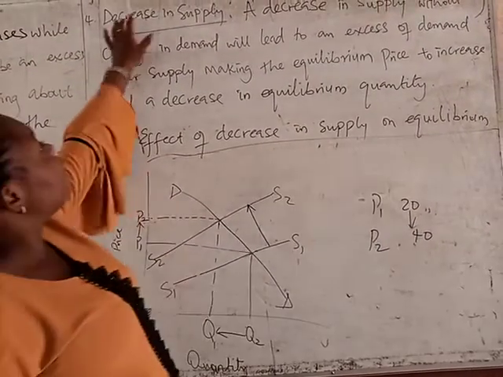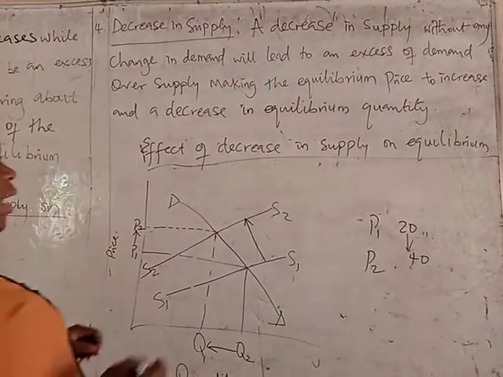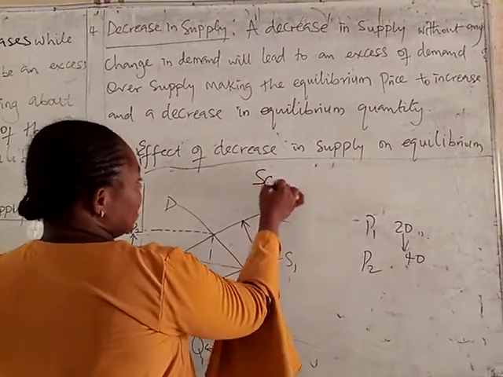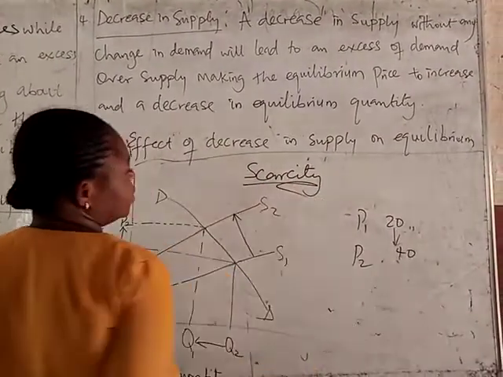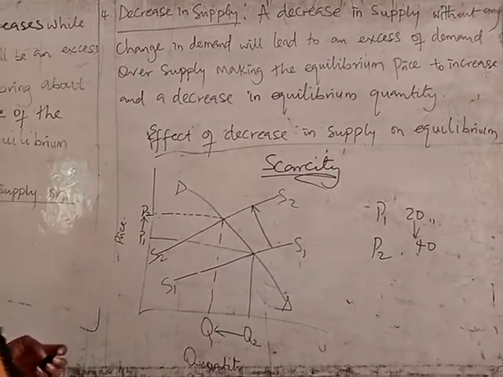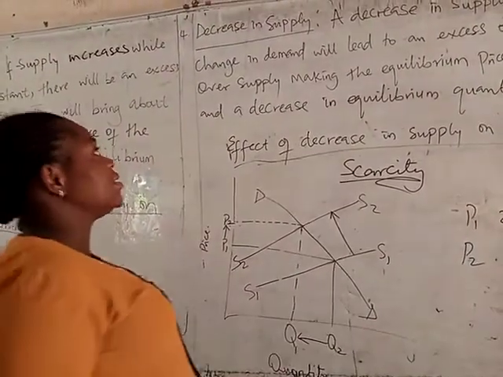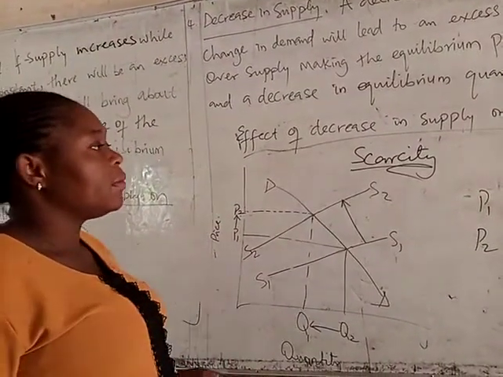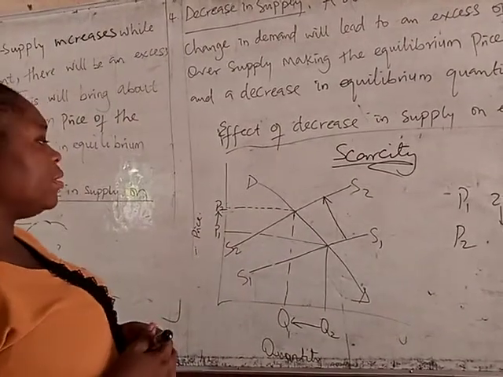Now, if there is a decrease in supply, in economics we say we have what is called scarcity. It could be artificial scarcity caused by middlemen, as a result of hoarding commodities, or it could be natural, as the case may be.